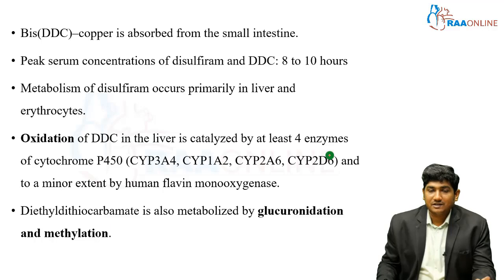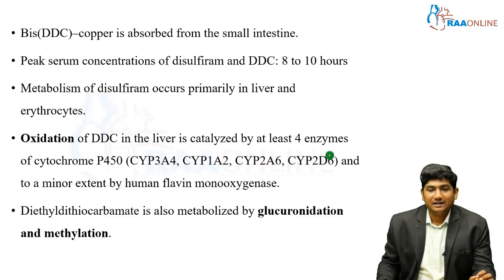Metabolism of disulfiram occurs primarily in the liver and erythrocyte. It undergoes three types of metabolism: oxidation, glucuronidation and methylation. Oxidation is by P450 enzymes, the 3A4, 2A6, 2E1 and 2D6, four different enzymes which help in oxidation of the DDC.